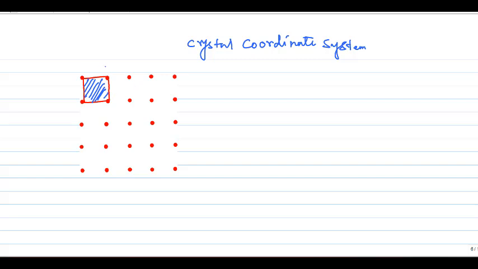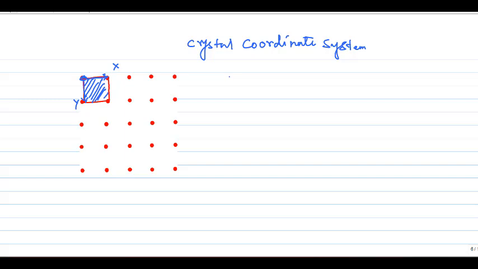So if I have a unit cell like this, I could choose this point as my origin, and then here this is in 2D. So in two directions, I can define two vectors, one in this direction, let's say this is x, and another in this direction.